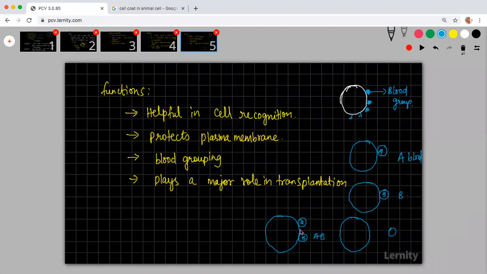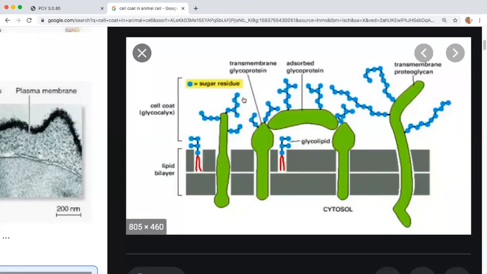What are this A, B and all? That is all parts of the proteins that we saw here. Depending on the cell, each one has a different pattern of proteins. That is what I am trying to tell. So this is what we call antigens. Basically the cell coat is the antigen, and the proteins of the cell coat determine what the antigen is.